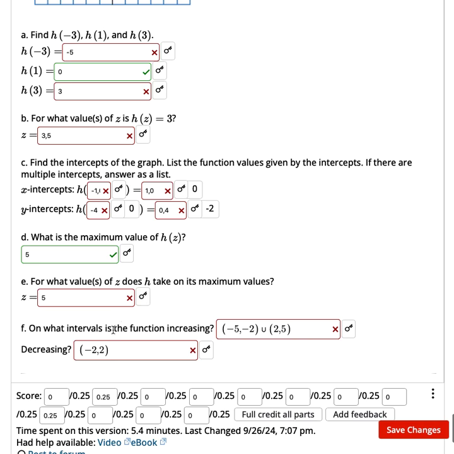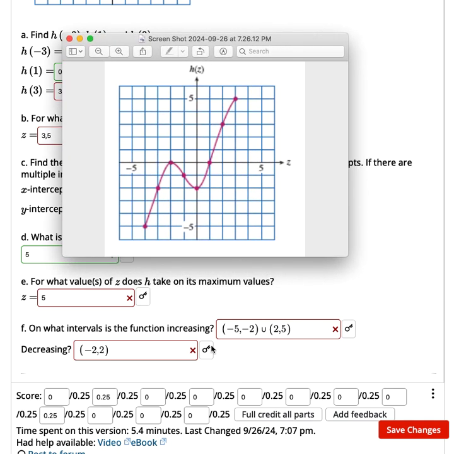And then on what interval is the function increasing? I took a snapshot so I wouldn't have to go back and forth. So the function would be increasing on this interval right here, and then it's going to be decreasing there, and then it's going to be increasing again here. Anywhere it's getting bigger as we travel from left to right, that's increasing.